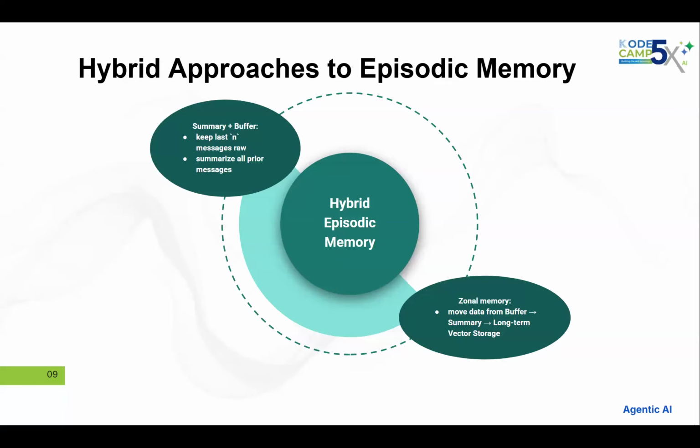Now, zonal memory, that's another approach. Here in zonal memory, you have your buffer, just like in the summary plus buffer approach, and this is the size of the buffer, that number of messages captured in the buffer. Based on your threshold, when certain conditions are met, maybe when you have up to 5 messages in the buffer, it summarizes them, keeps them in the summary, and clears the buffer.